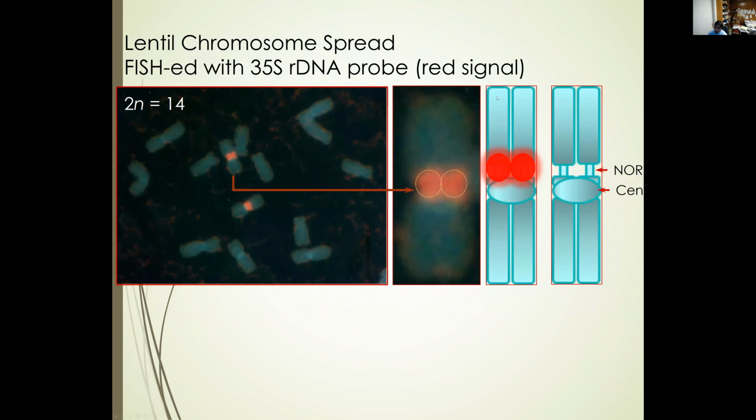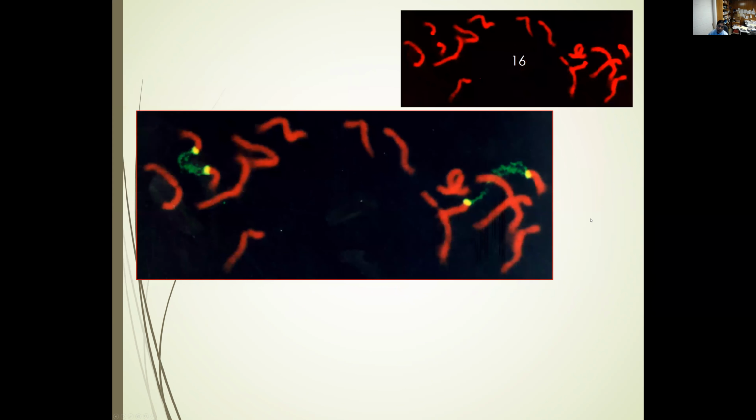And this is showing two chromatids, or you can say sister chromatids of one chromosome, and two dots. There's one on each chromatid, and this is the nucleolar organizer region, the NOR, and this centromeric position is putative. Okay, let's concentrate on this one.